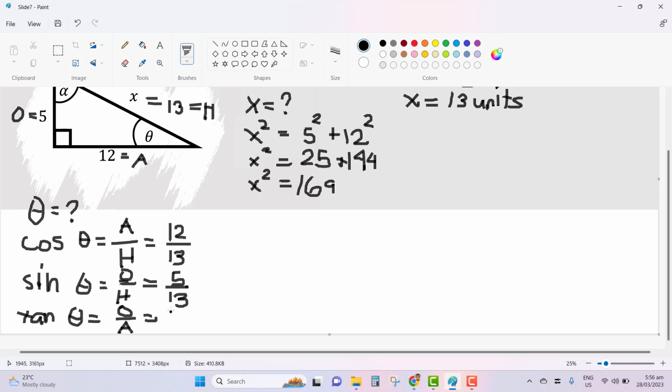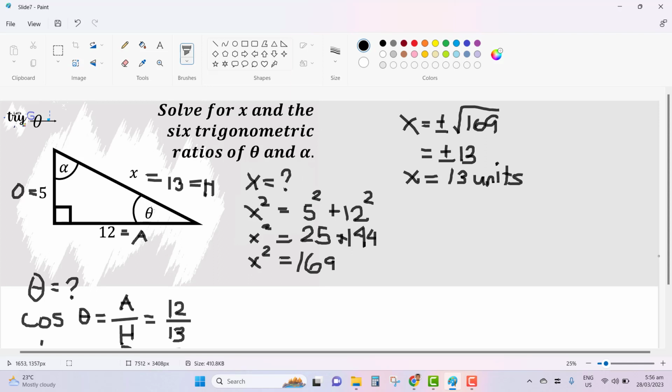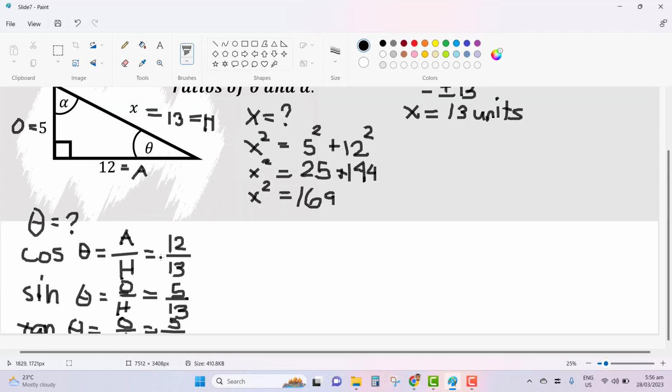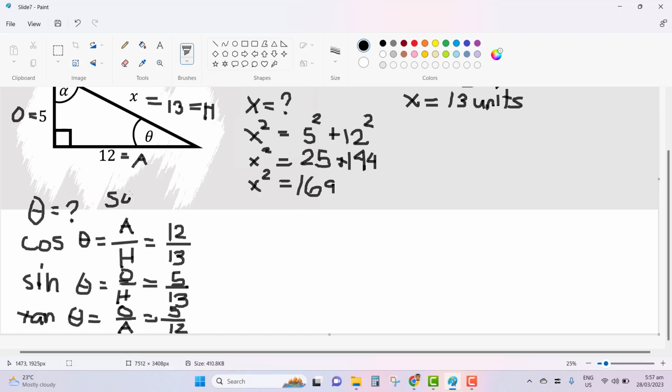Opposite side is 5, and the adjacent side is 12. So these are the first 3 trigonometric ratios for angle theta, taken using the mnemonic SOH-CAH-TOA. We just start with the cosine, but you may of course start with whichever trigonometric ratio is easier for you. We are not yet done because there are 3 remaining ratios for theta.